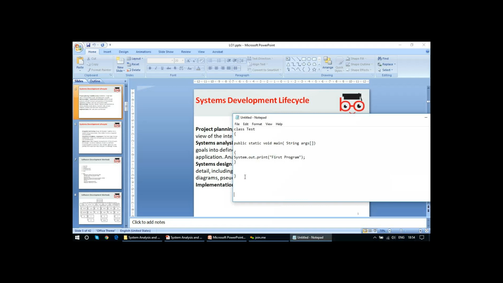What happens when you want to write a program? Pseudocode is the code written in human language.